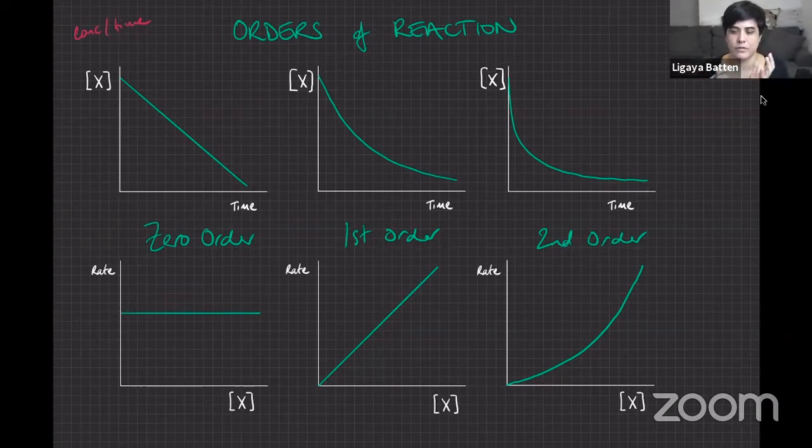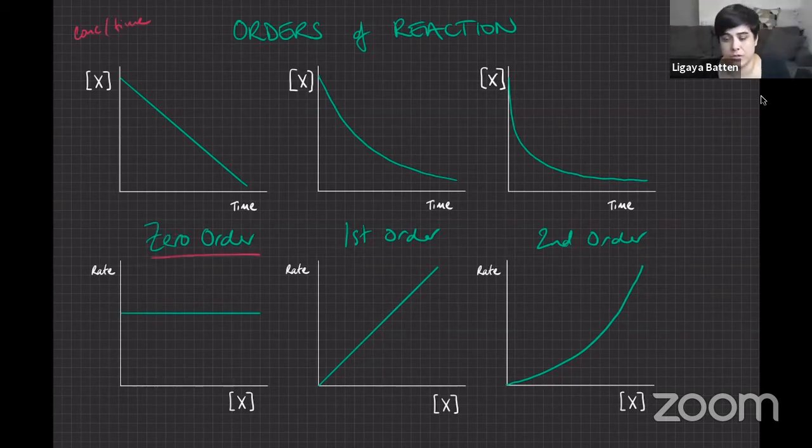So X is one of our reactants. If we have less of it and it changed the way that our reaction reacted, then we could say that it's affecting the rate. But if the reduction in the concentration of X has no effect on the rate of reaction, we can say that that has zero order. Oops, that's supposed to be an underline.